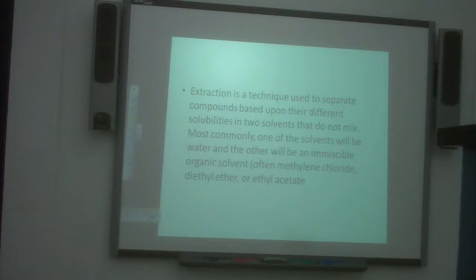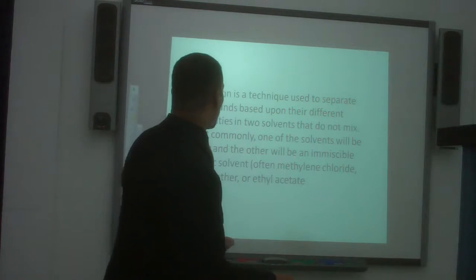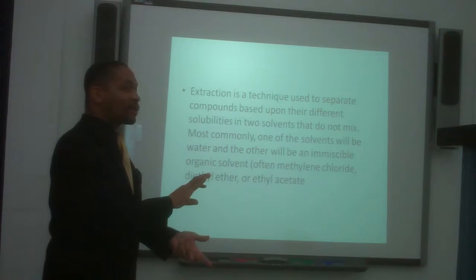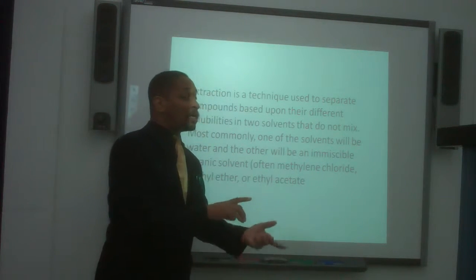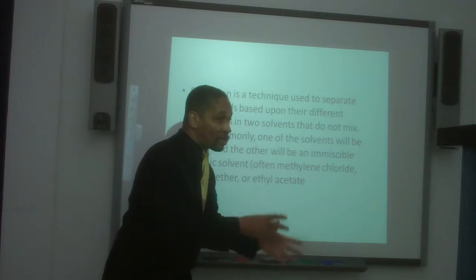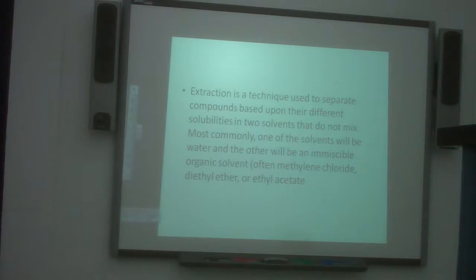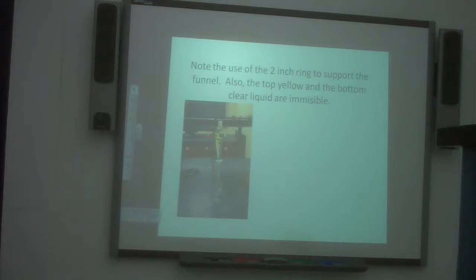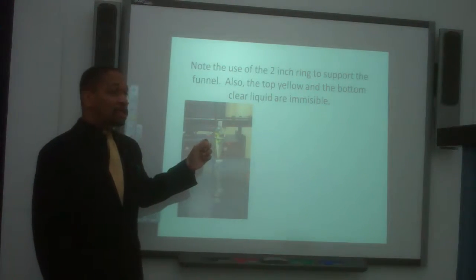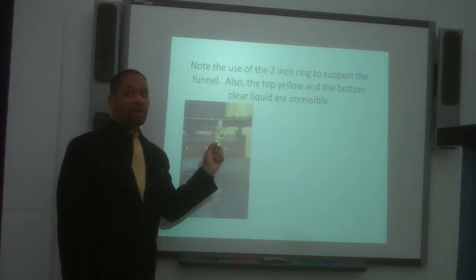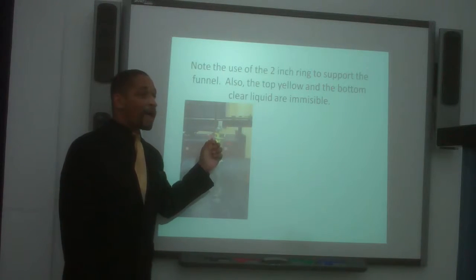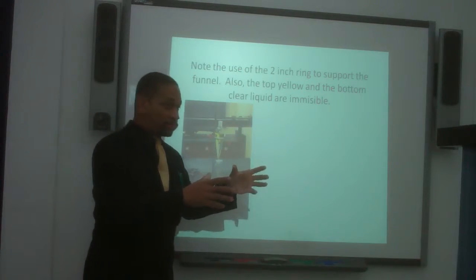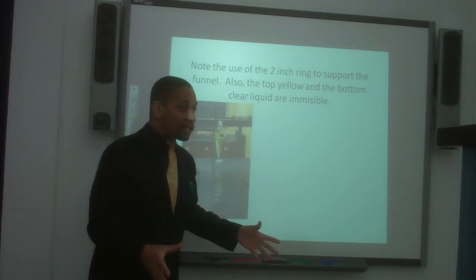And you also need to, at some point, extract with the organic solvent. Remember that the organic substance goes into the organic layer. So when we carry out the extraction, the diethyl ether layer will have the compound.